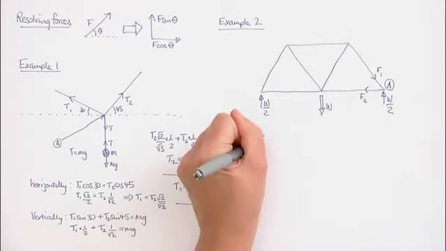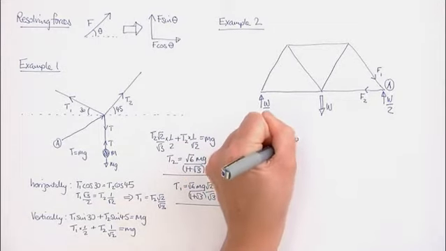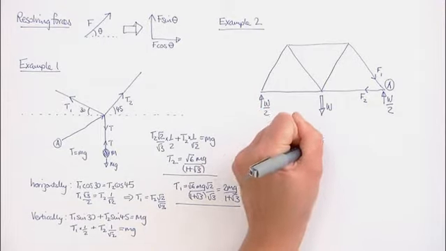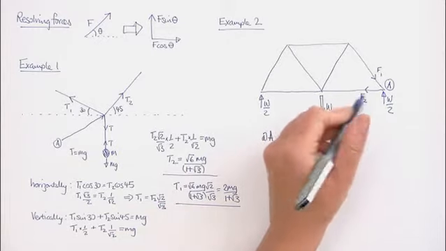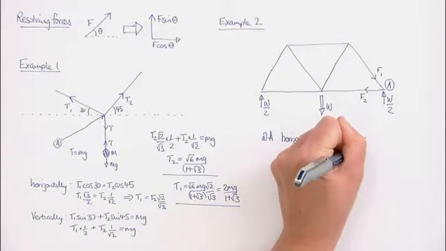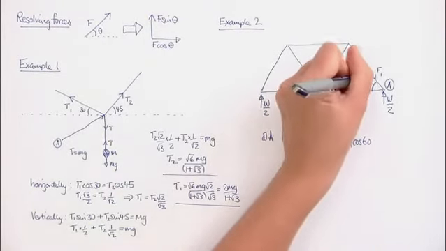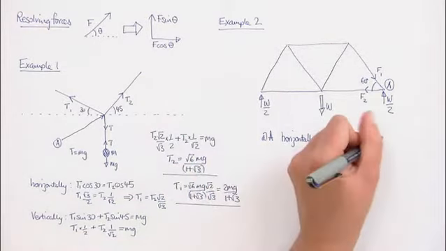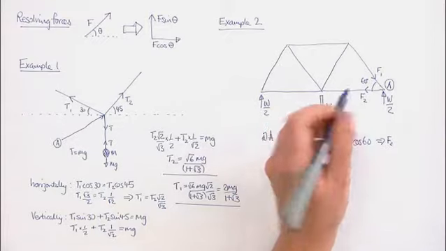So at A, resolving horizontally, we have F2 is equal to F1 cos 60, because we've got equilateral triangles. So F2 is equal to a half F1.